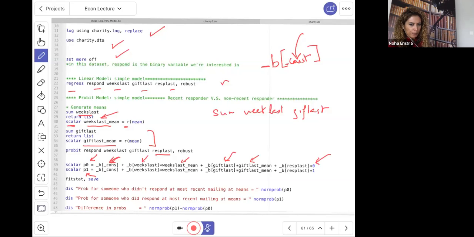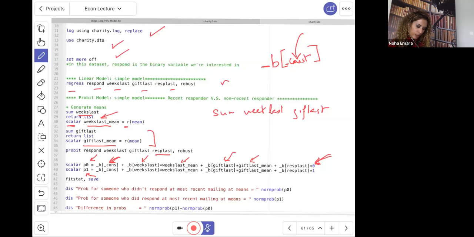Respond last takes 1 if the person responded to the most recent mailing and 0 if not. So here, if the person did not respond to the last mailing, what's the probability that he would respond now, given that he did not respond to the very recent mailing?